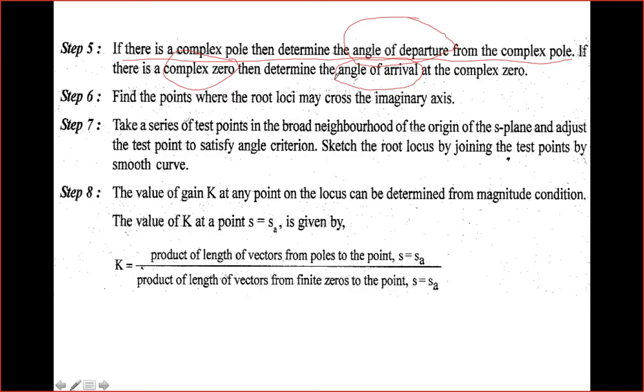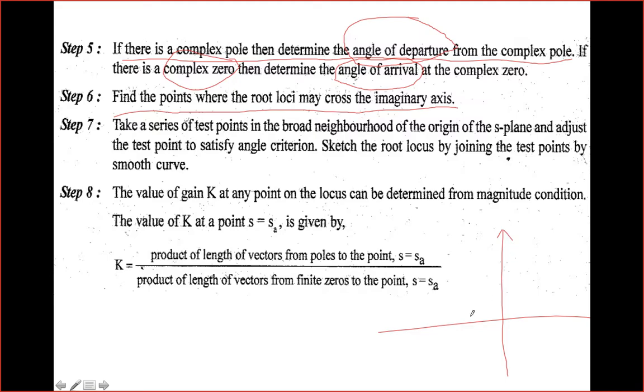Sixth step, find the points where the root loci may cross the imaginary axis. We have to find the point at which the root locus crosses the imaginary axis. Don't get confused by the imaginary axis. The x axis is the real axis and the y axis is the imaginary axis.